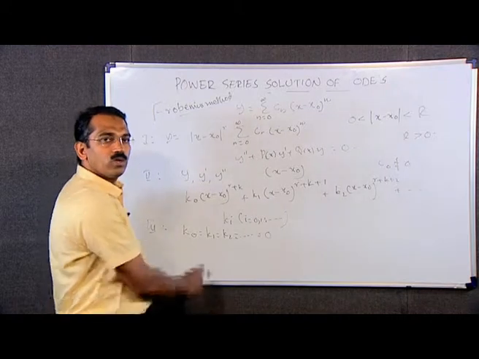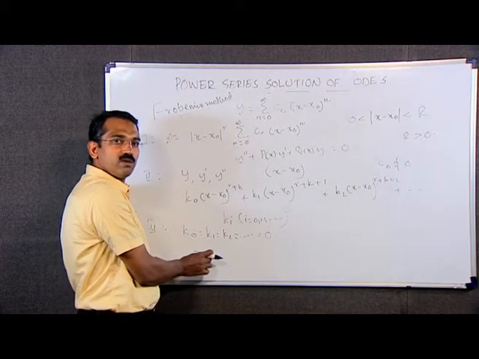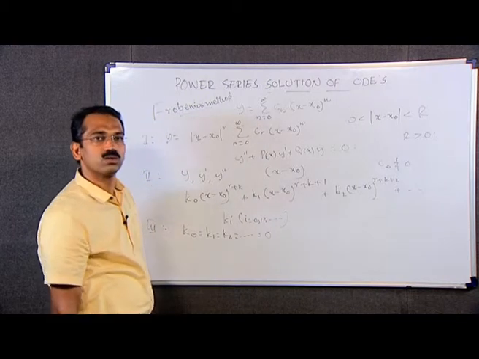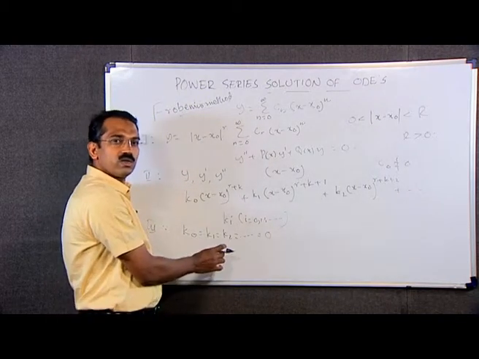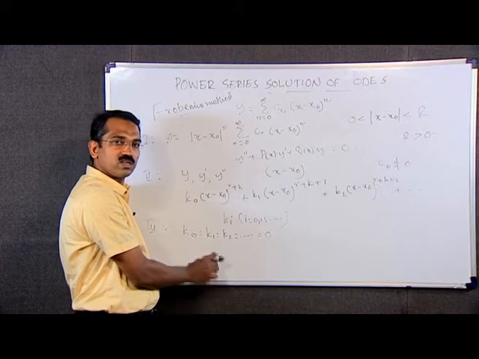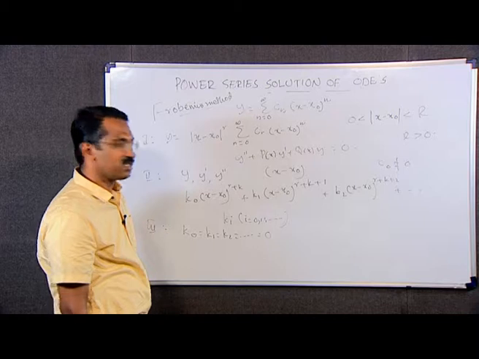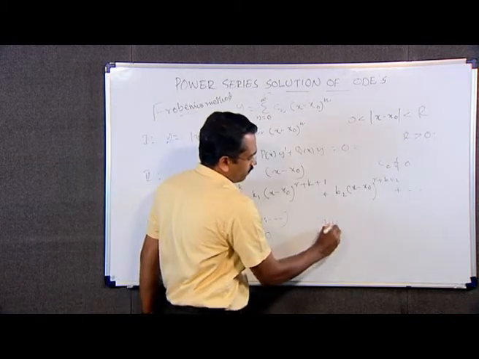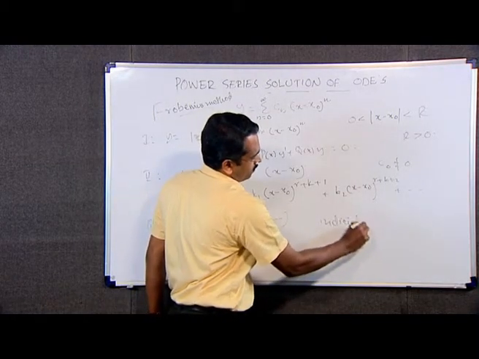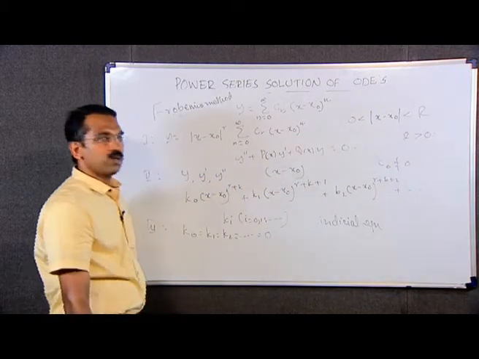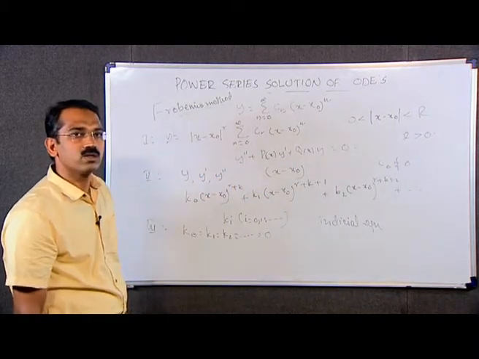Here k naught is the coefficient of the lowest power r plus k of x minus x naught. The equation k naught equal to 0 is a quadratic equation in r, which is known as the indicial equation corresponding to the given differential equation.